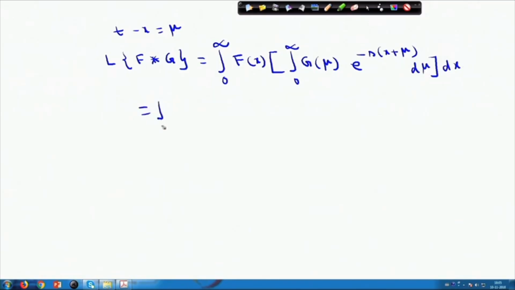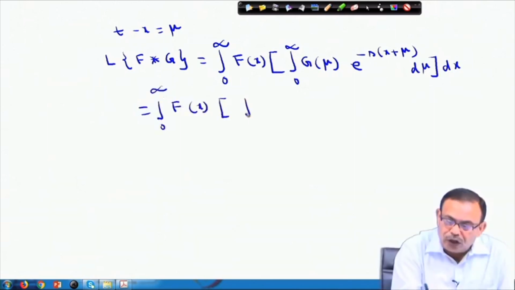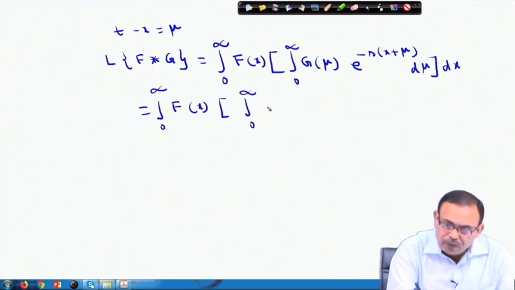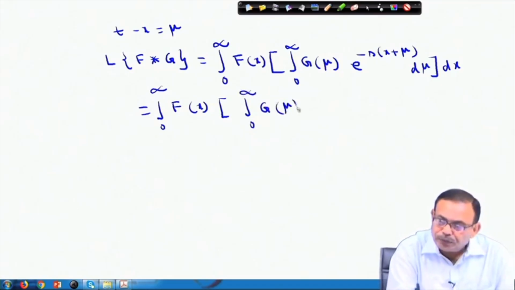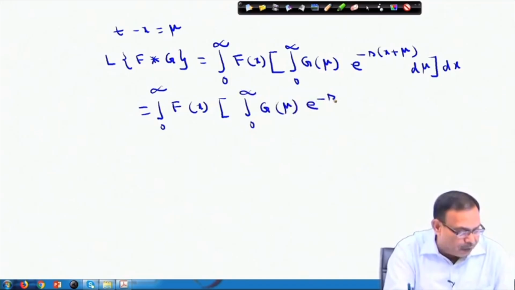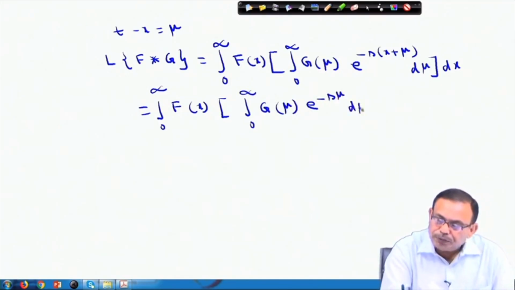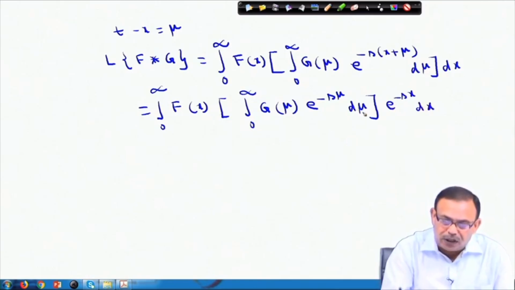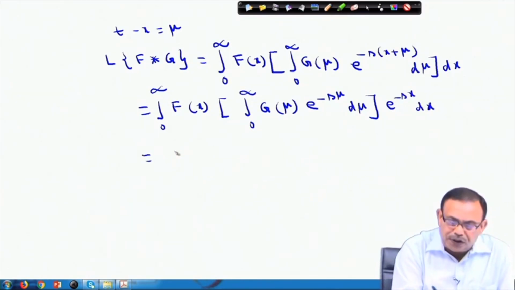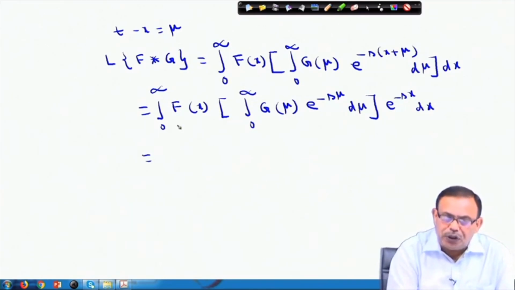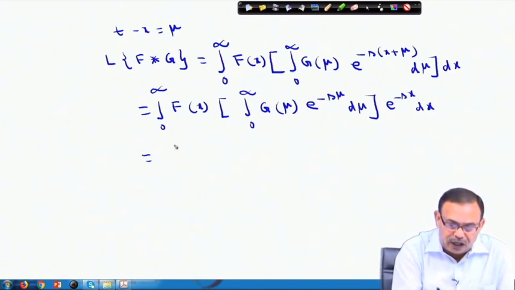This equals, again, you can write it as f(x) times the integral from 0 to infinity of g(mu) e^(-s mu) d mu, into e^(-sx) dx, because e^(-sx) is not coming under this. So now I am breaking it into two independent variables, x and mu.